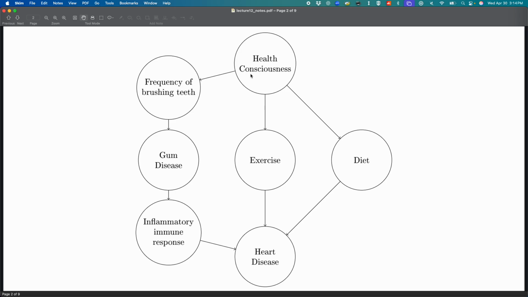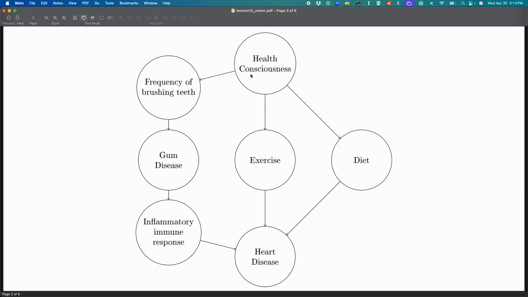In saying this, I'm sort of contradicting what I was saying earlier, where I was saying that if there are other things that could affect gum disease or inflammatory immune response, and we can control those things to observe variation in here, that would break the causal link between brushing your teeth and heart disease.